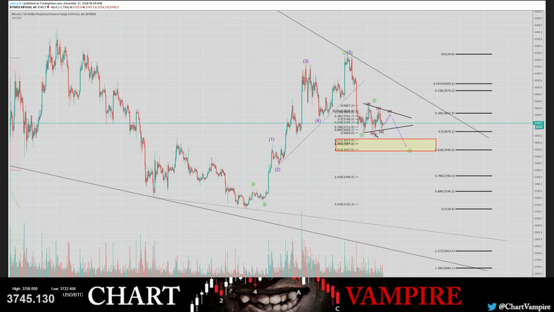This could be your 1, 2, 3, 4, 5, something like that. So then you'd have another wave up here as an expanded flat. So this would come to here, then you'd have an expanded flat up to like 4,400 or something like that. So then you'd have a bounce off here. But this is perfect. Copy.